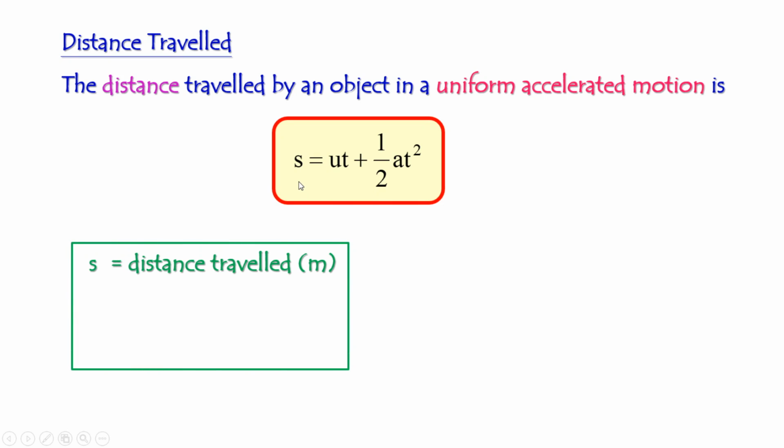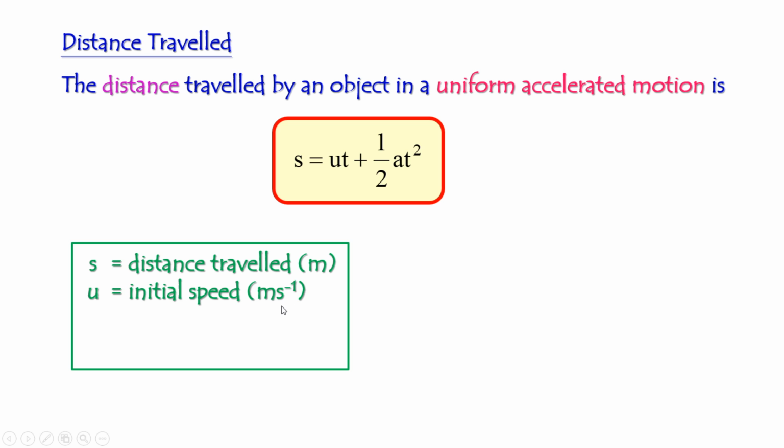Firstly, the S stands for the distance traveled by the object during the journey, and the unit for this one is meter. U means its initial speed, the speed at the beginning of the journey.